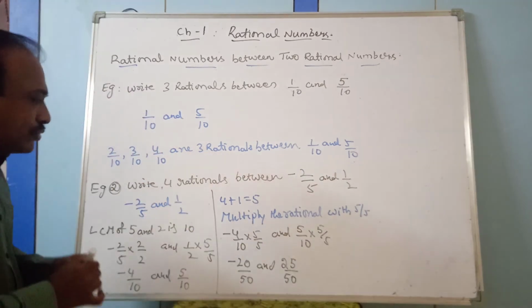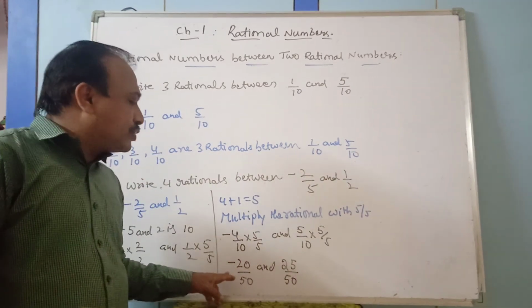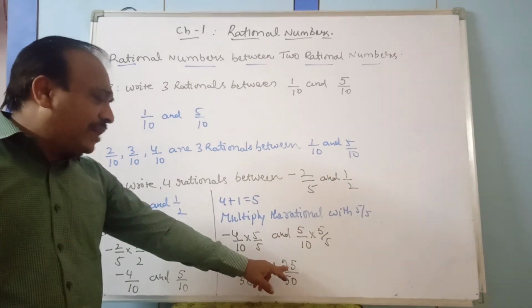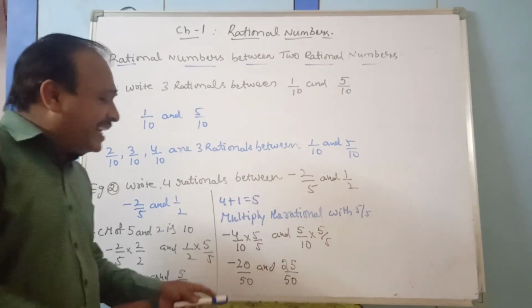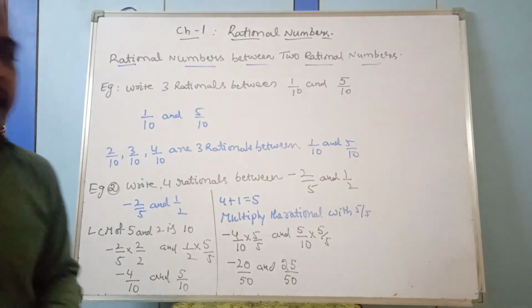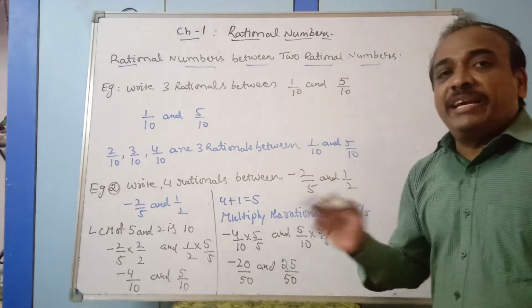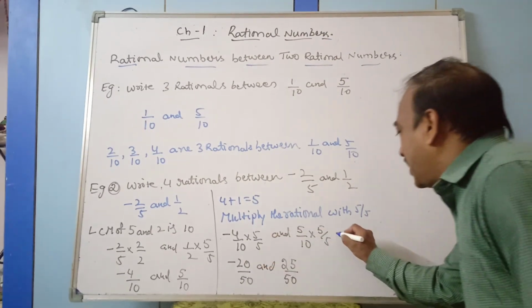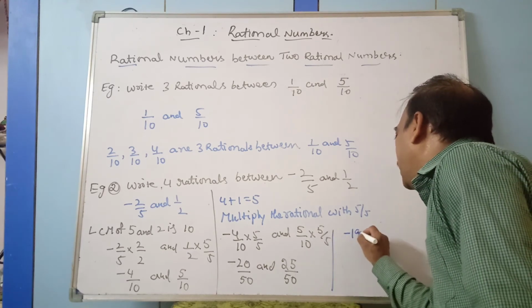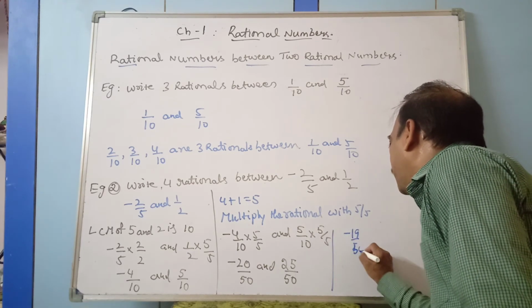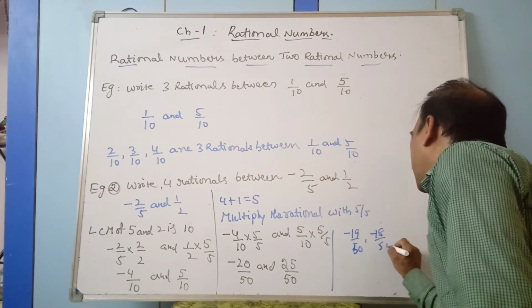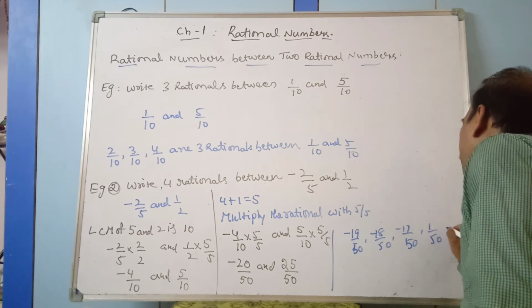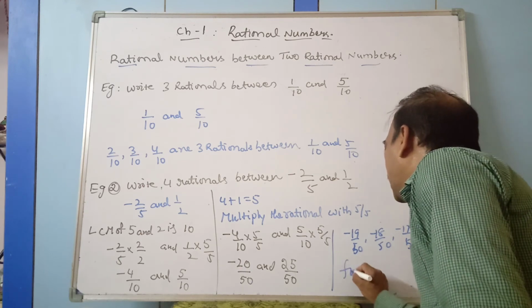Now you see minus 20 and 25, minus 20 is a negative number and 25 is a positive number, so you can write many rationals between them. It may vary from one person to another. So here I am writing minus 19 by 50, minus 18 by 50, minus 17 by 50, then even 1 by 50, which are 4 rationals.